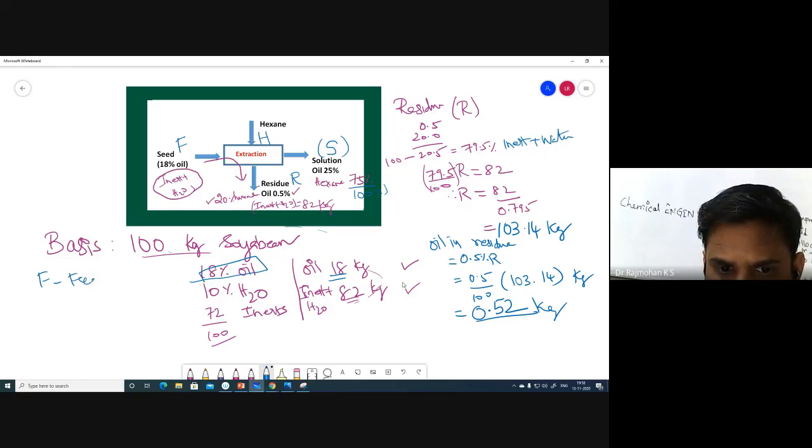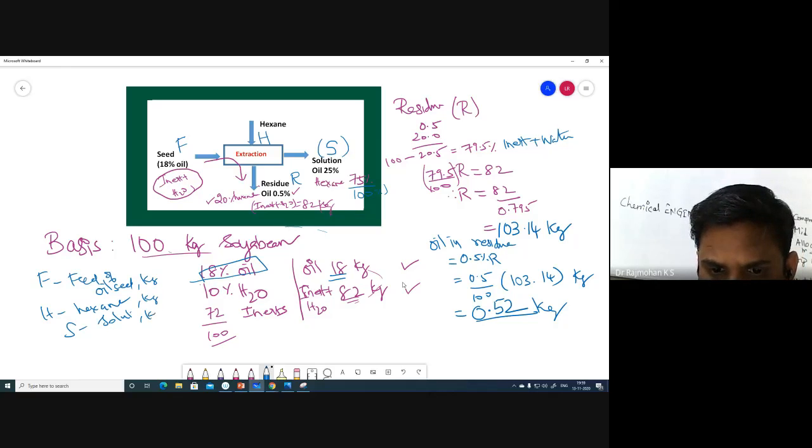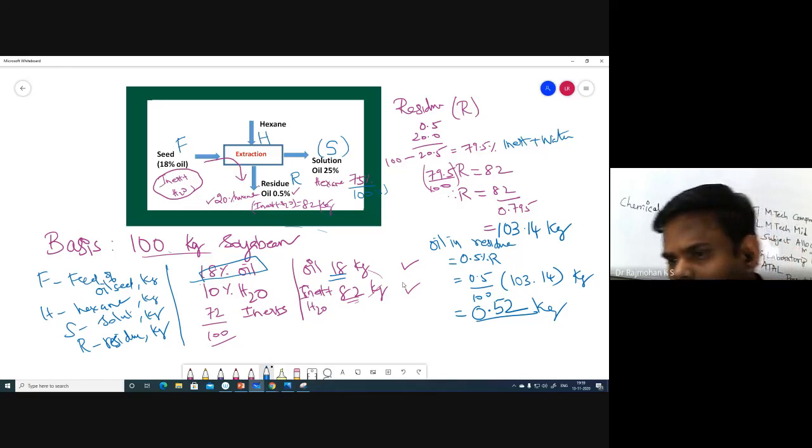Let F be the feed of oil seed, H is the hexane, S is the solution, these are in kg, and R is the residue in kg.